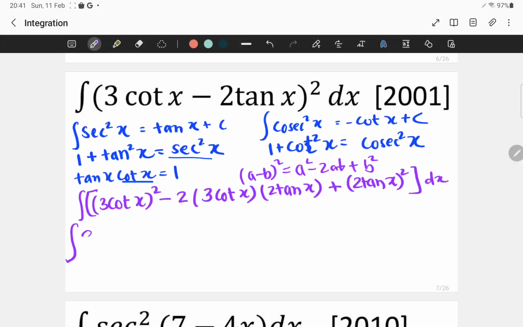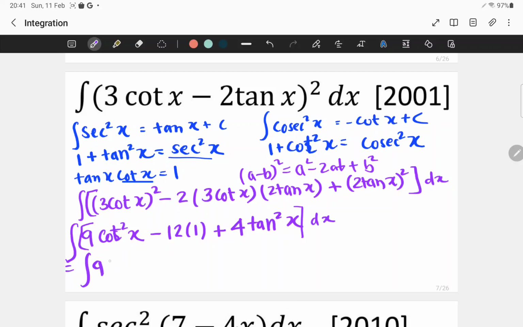So we get 3 square, 9, minus 2 into 3 into 2, tan x into cot x, 1 only, now we can replace cot by this formula, tan by using this.